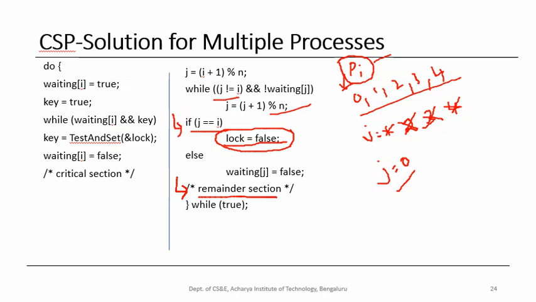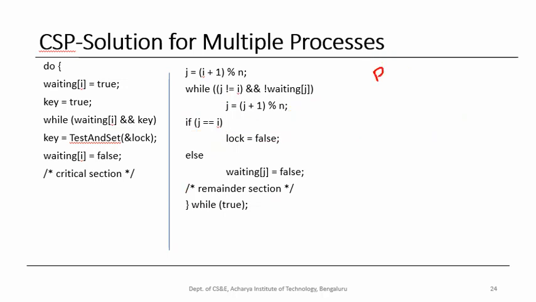Now if somebody at this point of time wants to enter into the critical section, it may do so. So that's the reason this is written. That is, if the turn again comes back to the same process before holding the lock, because it has to go to the remainder section, it releases the lock. So that's the idea behind making lock equal to false when j is equal to i.